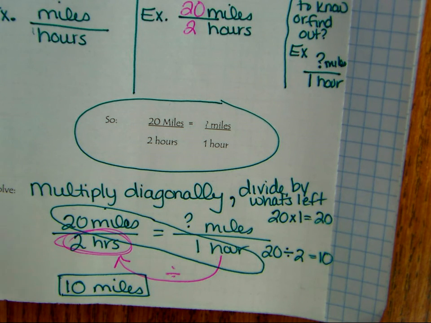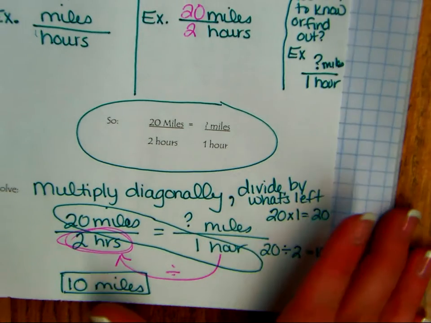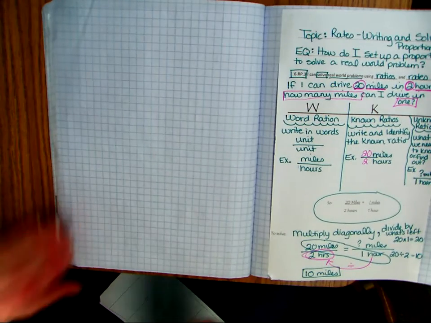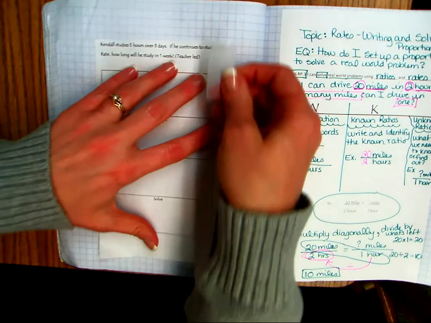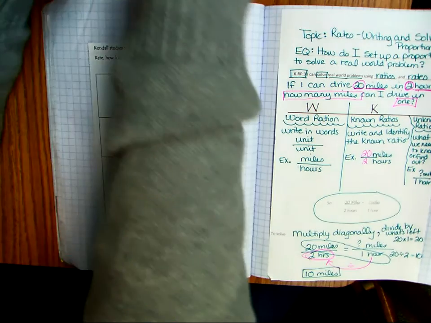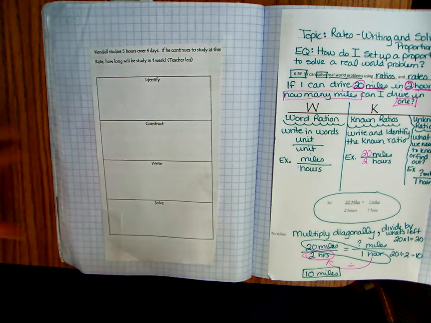Okay, so now that we've gone through this whole process, let's go back to our notes, and we're going to go to page 53. We're going to put in the practice portion, which looks like this. My 4 pieces of tape.